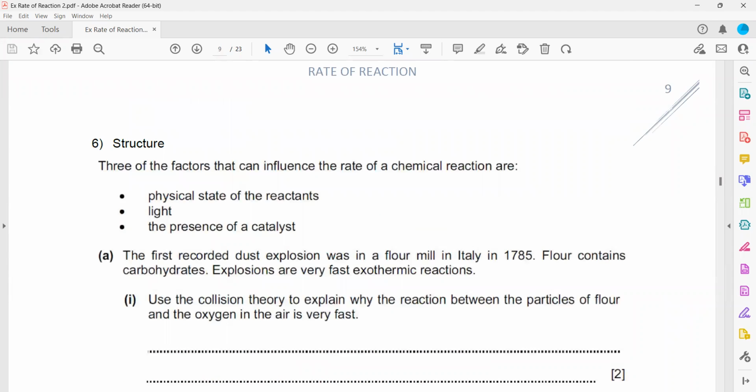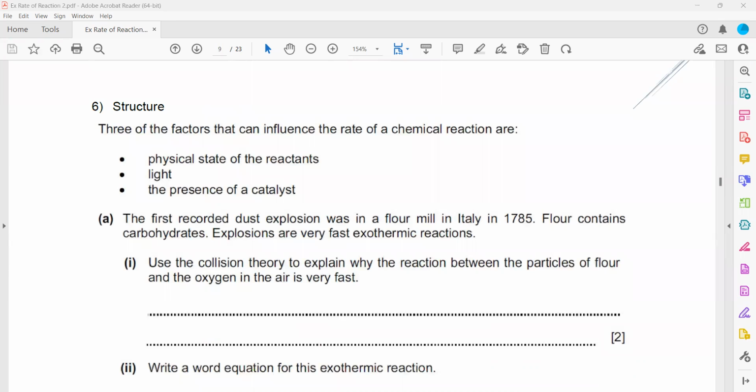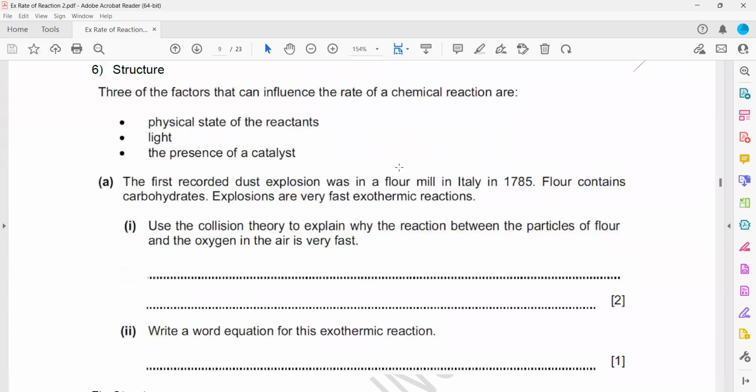Page number 9, question 6, A2. Write a word equation.